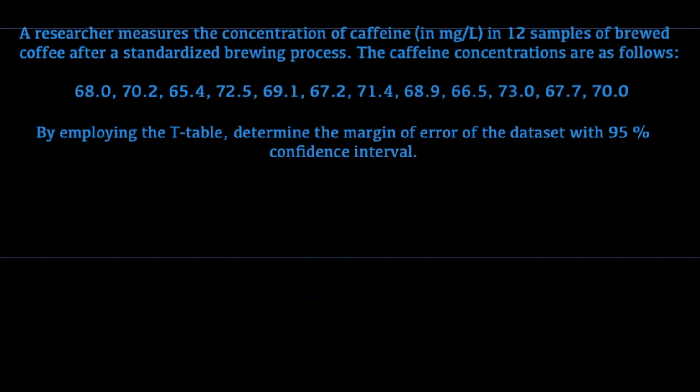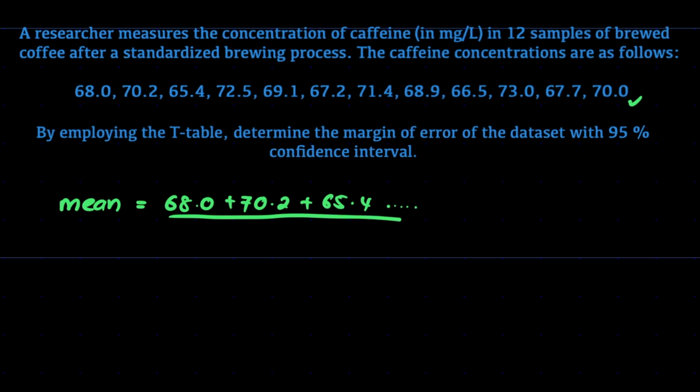Right, so to answer this question, the first thing that you need to do is find the mean of the values. The mean, or the average, is the summation of all the data points divided by the number of samples, which is 12. So that is 68.0 plus 70.2 plus 65.4, and so on and so forth, divided by 12.